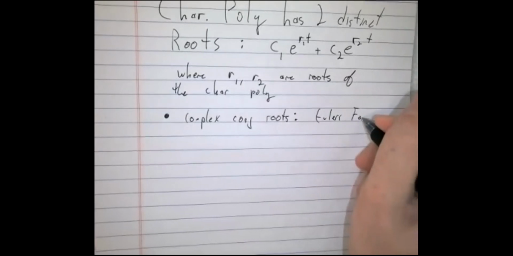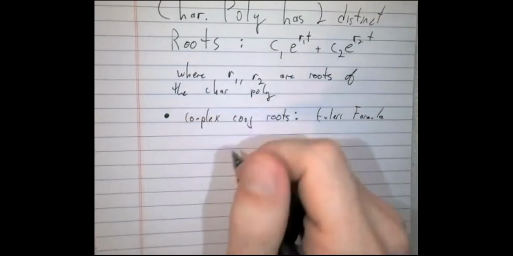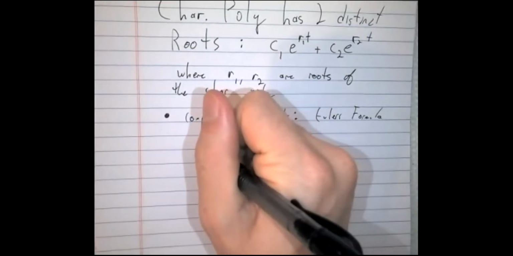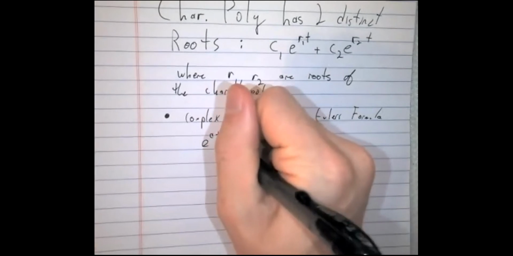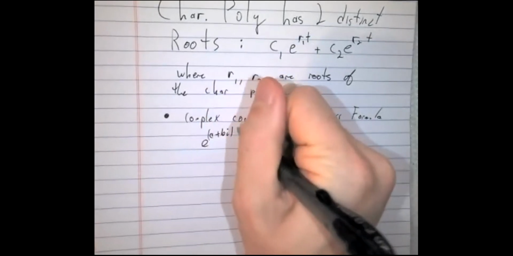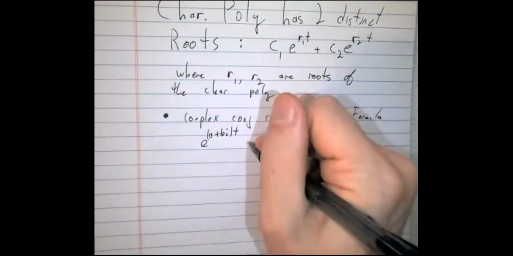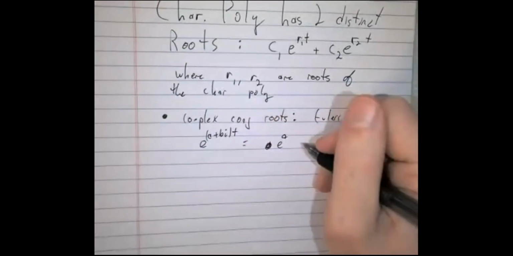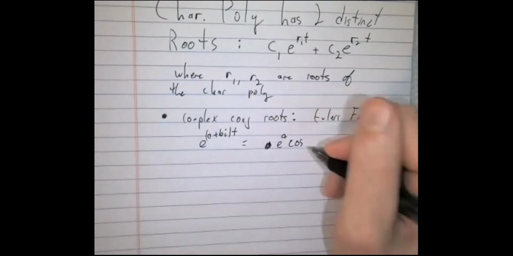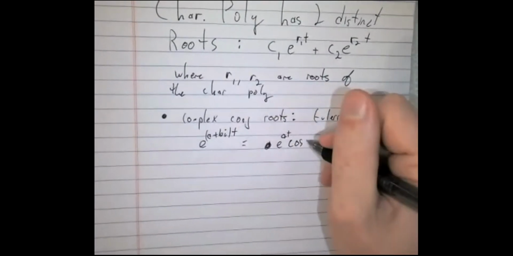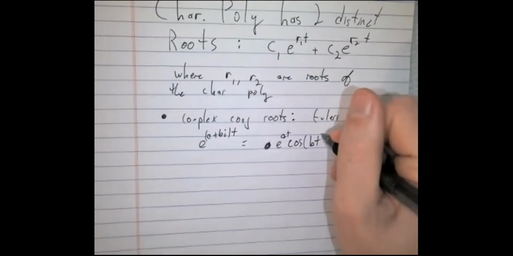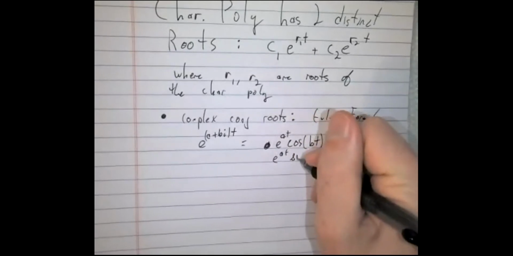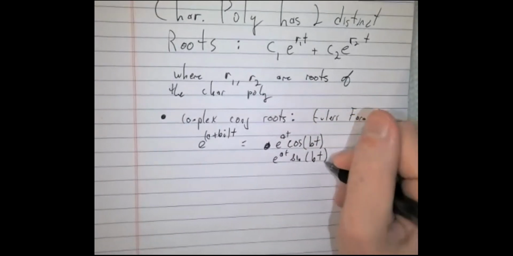You're going to get one solution that looks like e to the (a plus bi)t. You expand this as e to the at cosine of bt, which gives you one solution, and then e to the at sine of bt gives you the other solution.